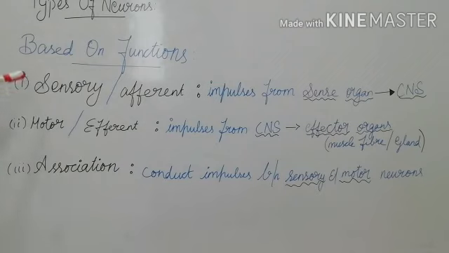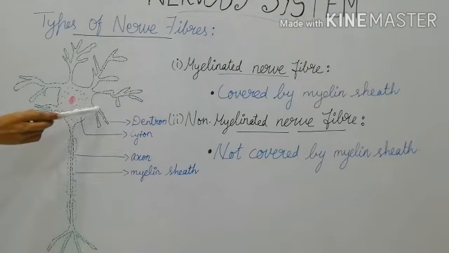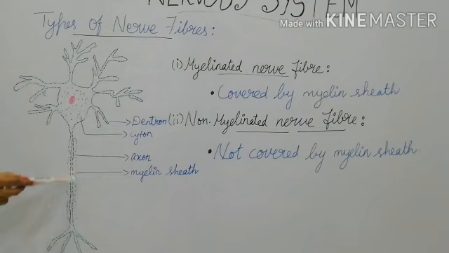So these are all the types of neuron based on structure and also based on function. This is the structure of a neuron. You all know about this. This is the cyton, and from the cyton the dendrons or dendrites arise, and this is the axon. This axon is the nerve fiber, and a bundle of nerve fibers forms the nerves.